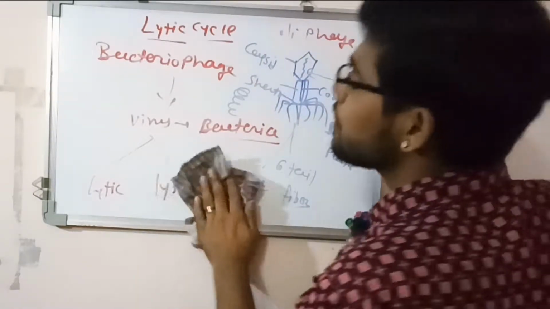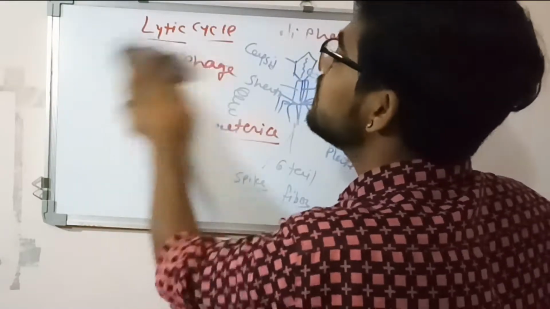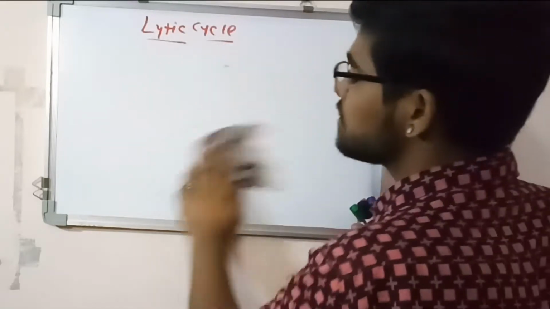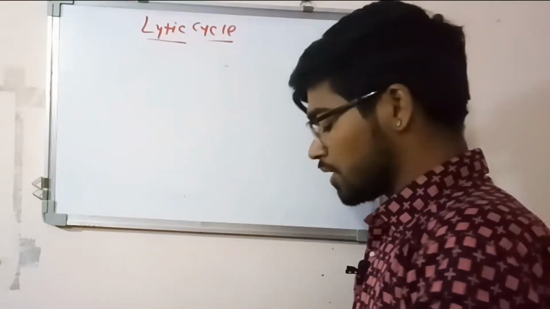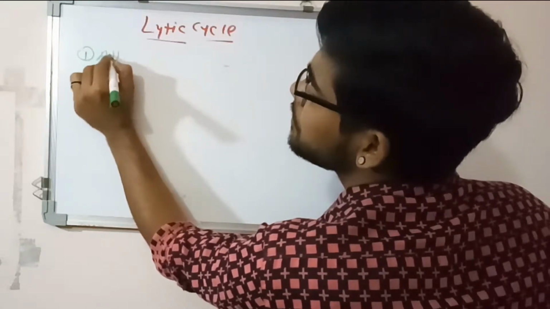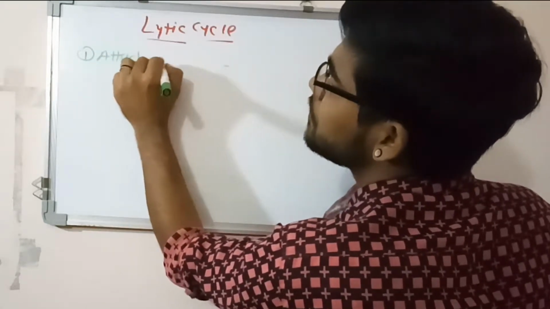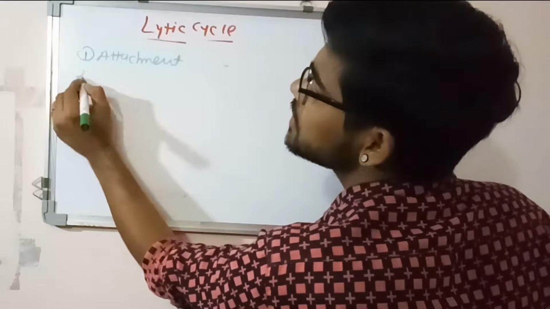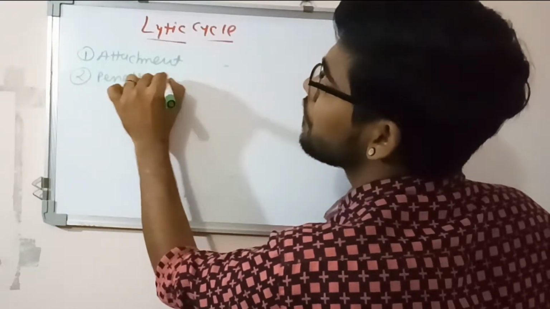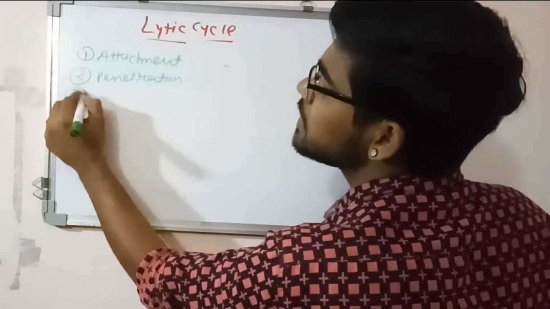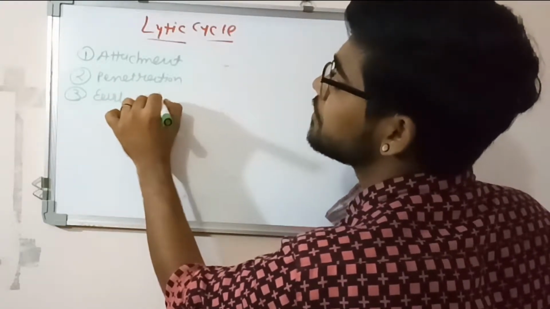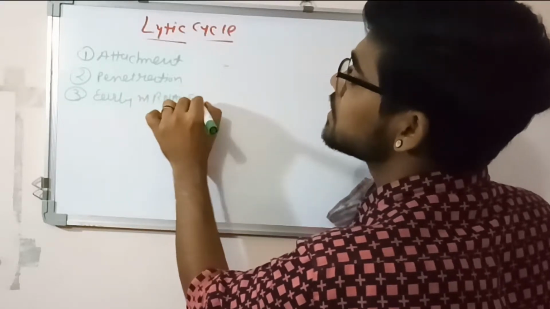So let's go through the whole cycle. There are mainly 6 or 7 rough steps. The first step is attachment. The second step is penetration. The third step is early mRNA synthesis.